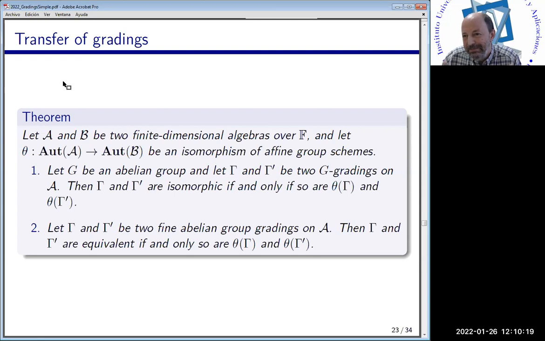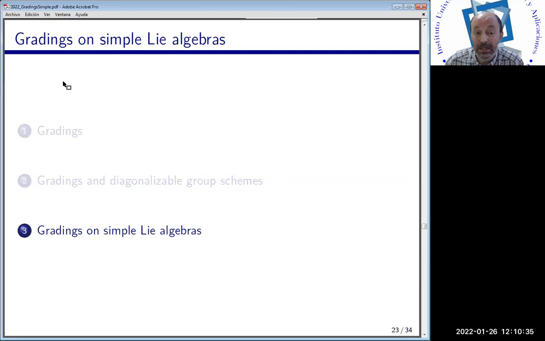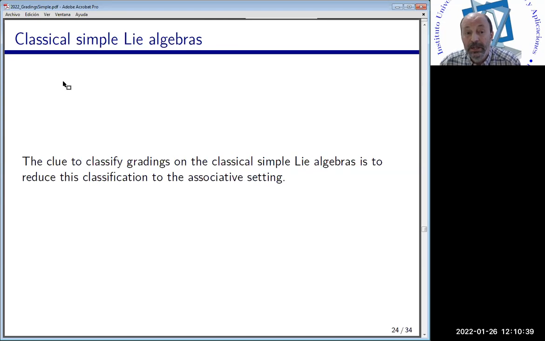So with gradings, we have exactly the same situation. Because in the end, we have to classify diagonalizable group subschemes of the group schemes of automorphisms. And this is the way to study gradings on simple Lie algebras. So the clue to classify gradings on the classical simple Lie algebras over arbitrary fields is to reduce this classification to the associative setting, just using this transfer of gradings.